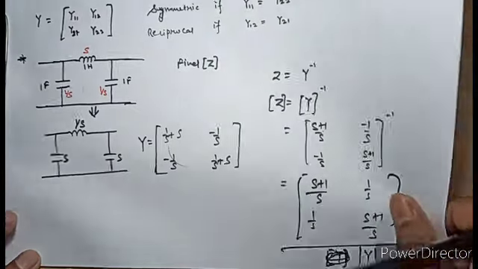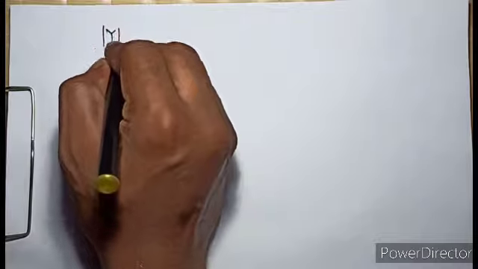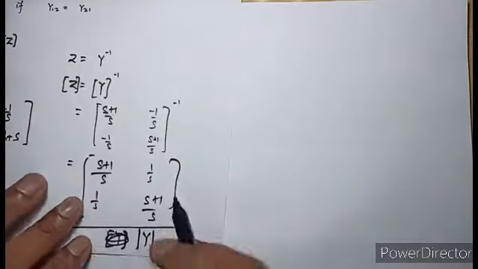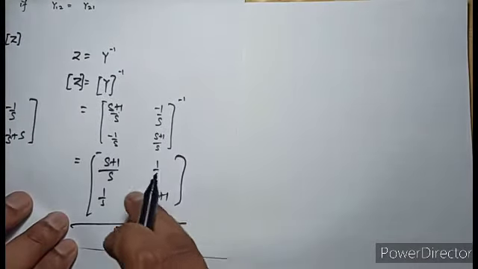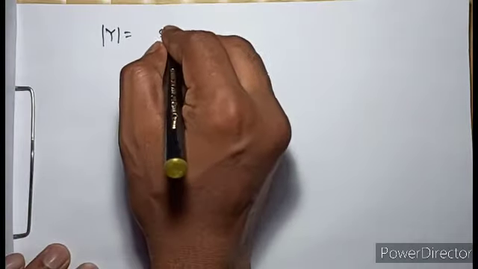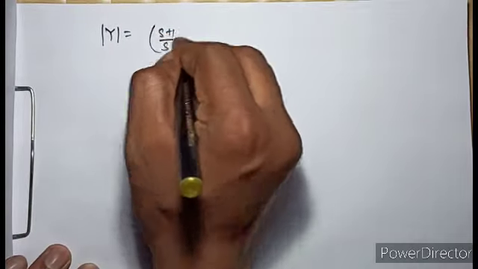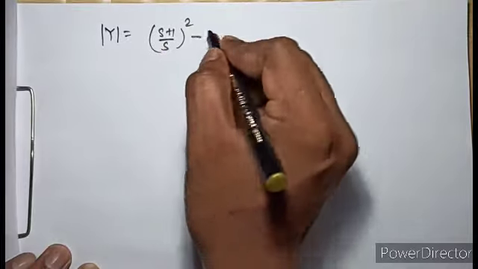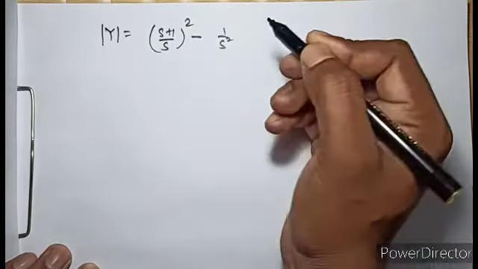Now what will be mod Y? Simply mod Y will be this into this minus this into this, means S plus 1 by S whole square minus 1 by S square.